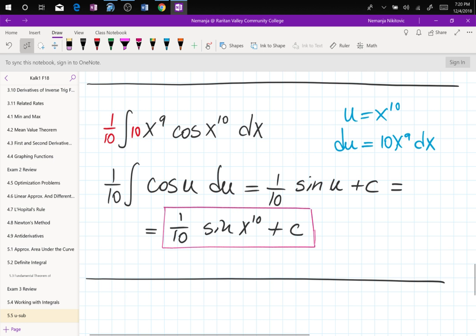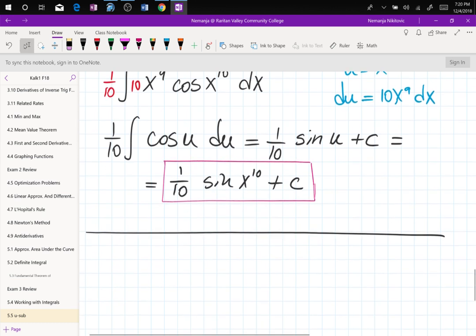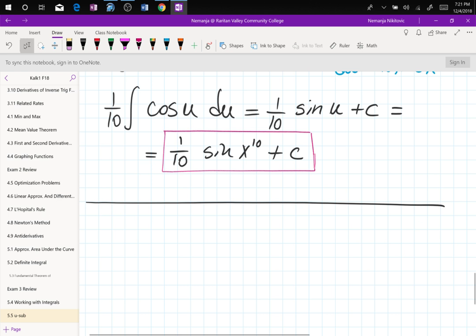Let's pick more examples. Now I want to work on examples from the book. So let's take a look at some of the a bit spicier problems.